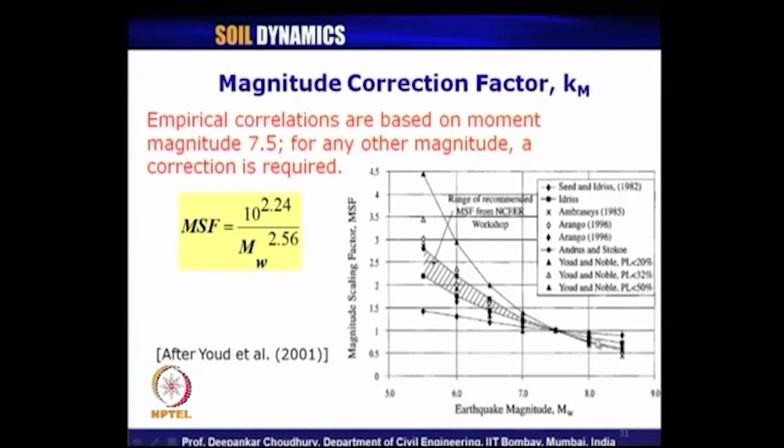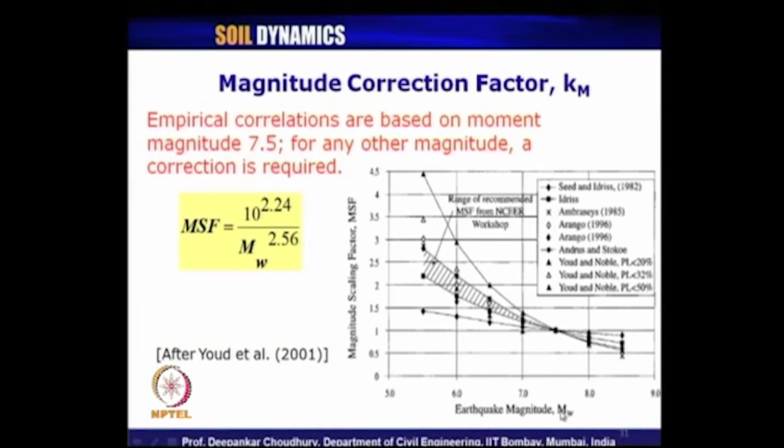They have given some ranges of how this magnitude scaling factor varies. The magnitude correction factor is also called magnitude scaling factor, the same thing with different nomenclature, MSF. MSF is nothing but the same as magnitude correction factor Km. How they vary with respect to earthquake magnitude, this is moment magnitude, remember MW.